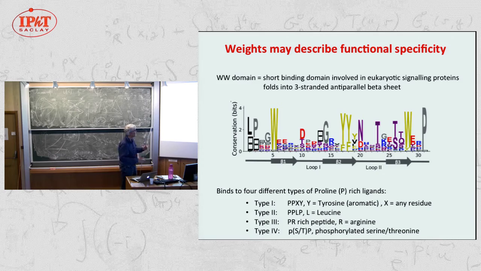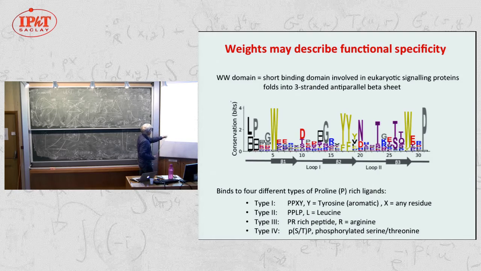Okay, so this is on WW. WW is a short protein domain, which is made of 3 anti-parallel beta strands that you see here, the secondary structures beta 1, beta 2, beta 3, which are linked together by loops, so let's say more floppy parts of a protein. And what you see here is the sequence logo.